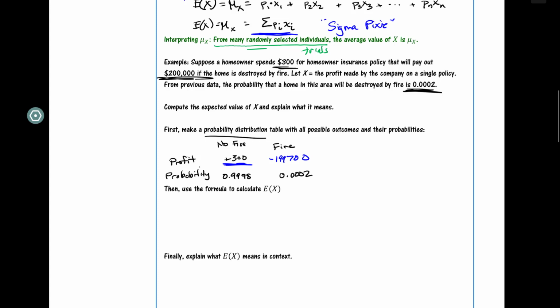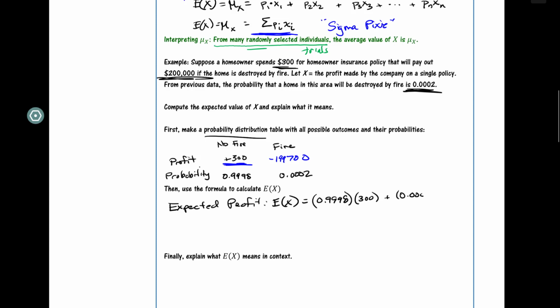So now that we have this probability distribution table drawn out, we can use our formula to calculate the expected profit. And that is going to be E of X, which is found by using our sigma pixie formula. So I take each probability, 0.99998, and I multiply it with its respective profit, positive $300, and then I sum it up with any other ones.